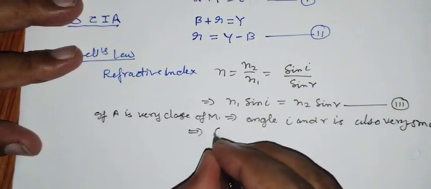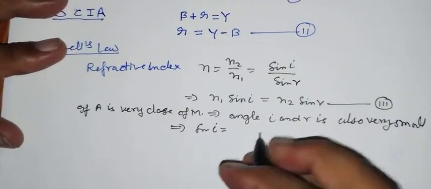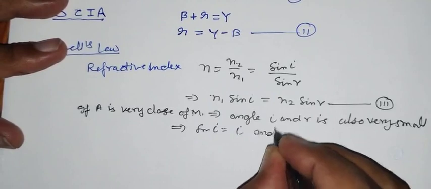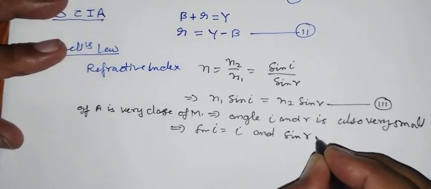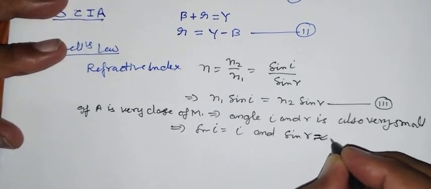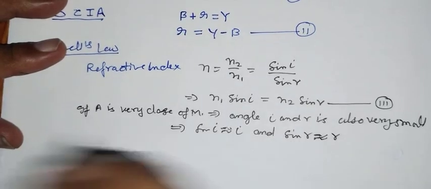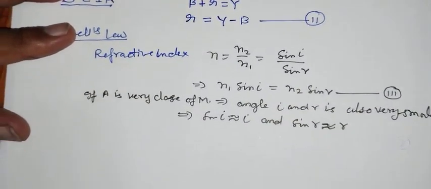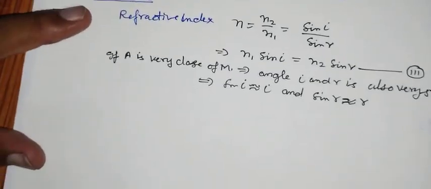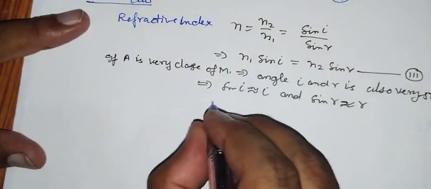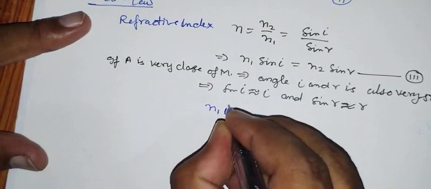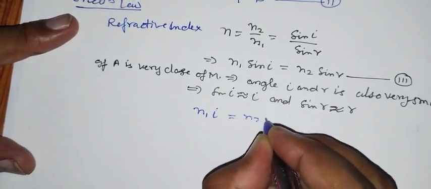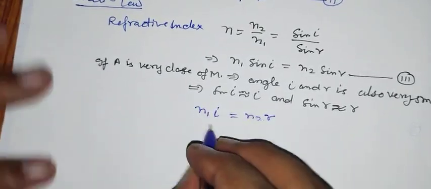This implies that sin i can be written as i and sin r can also be written approximately as r in both cases. In that circumstance, equation number 3 can be written as n1 i is equal to n2 r.